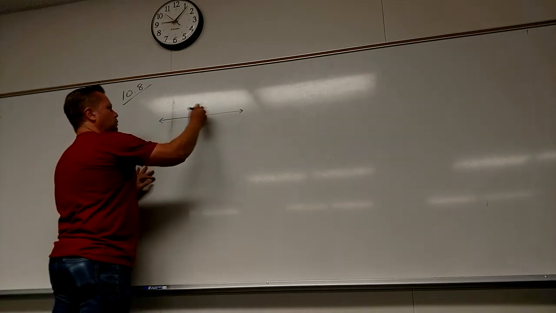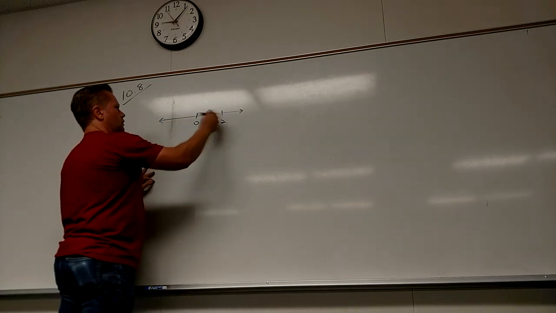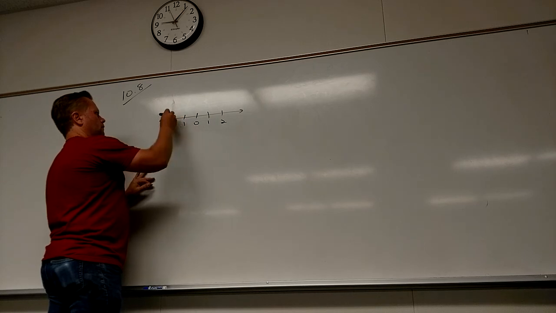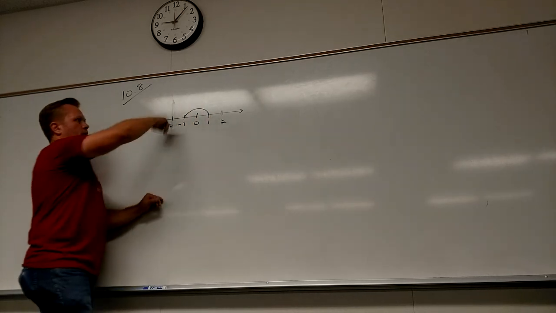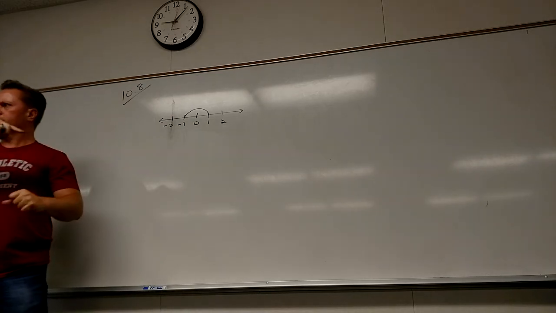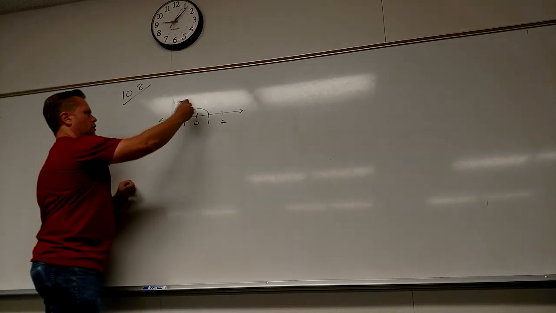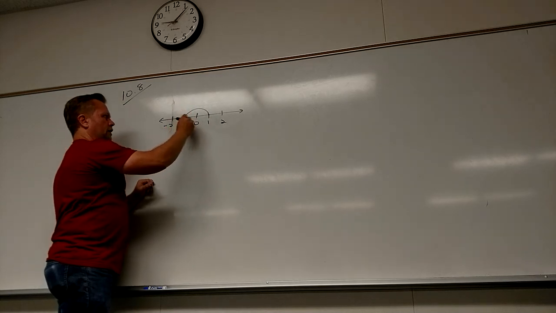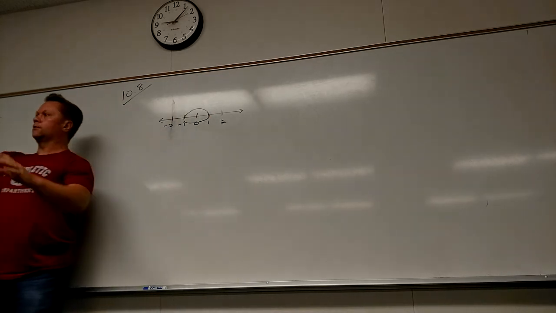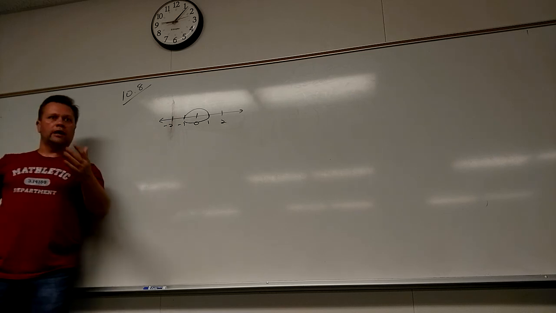So multiplying by a -1 is a half turn. You see what I mean by half turn? Isn't that 180 degrees? A full turn would be all the way back around. So if I multiply by -1, I go here. If I multiply by -1 again, I get back. I make a full turn. That's why two negatives make a positive.